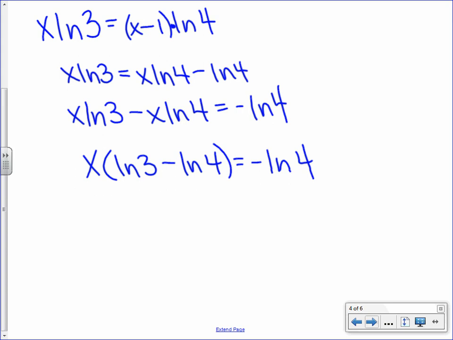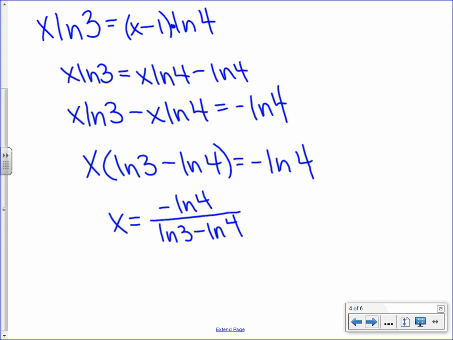Can we get x by itself? Divided over. So x is negative natural log of 4 divided by the natural log of 3 minus the natural log of 4.